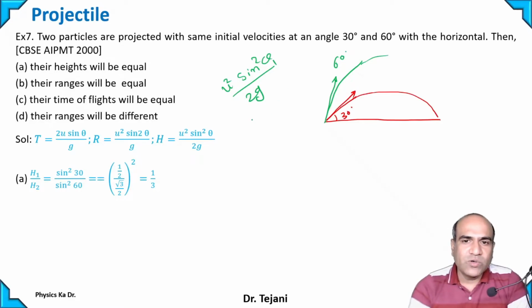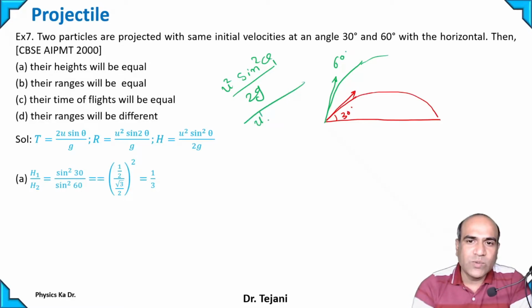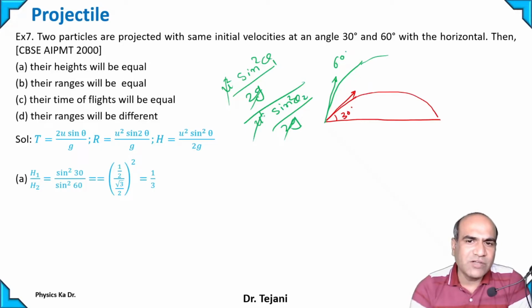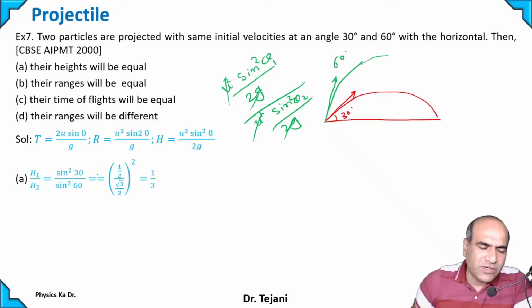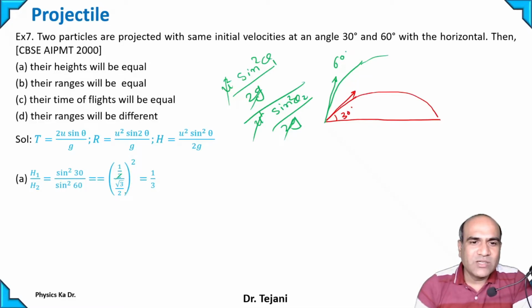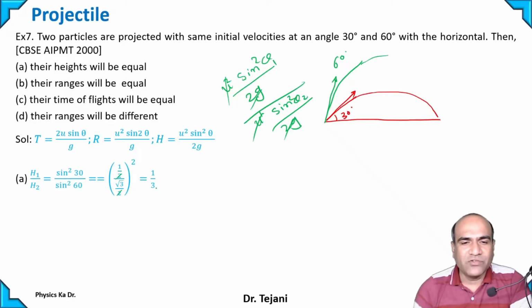We can take the ratio of h1 and h2. The 2g cancels, u cancels, because the initial velocities are the same. So ultimately we have sine square 30 by sine square 60. Sine 30 is 1 by 2, sine 60 is root 3 by 2. The 2 cancels, so it becomes 1 by 3.